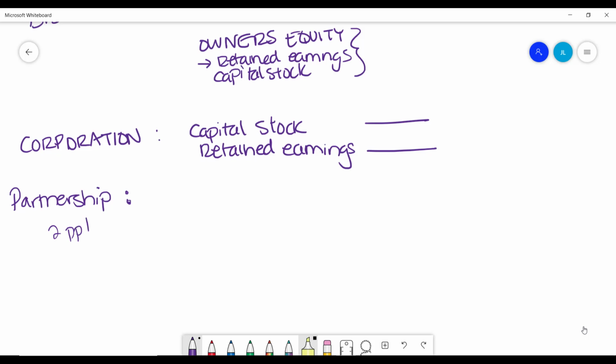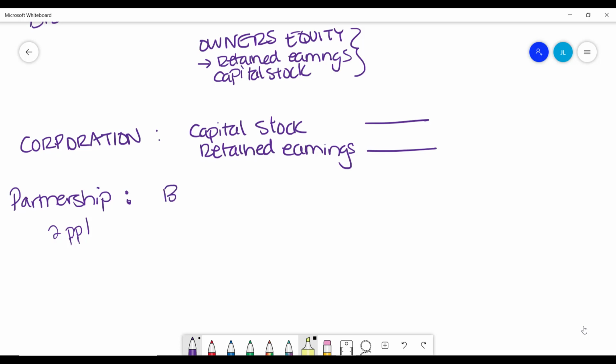Where is the money coming from to finance a partnership if there's only two owners, and that's the only source of capital? The startup money is coming from these two owners, right? The money that they're deciding to put into the business. So in that case, equity is broken up just between the capital of the two owners, or two or more owners, however many there are.